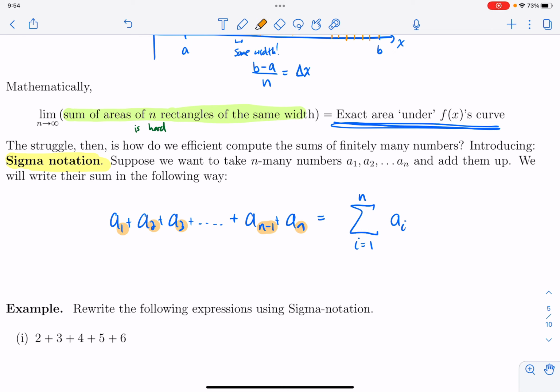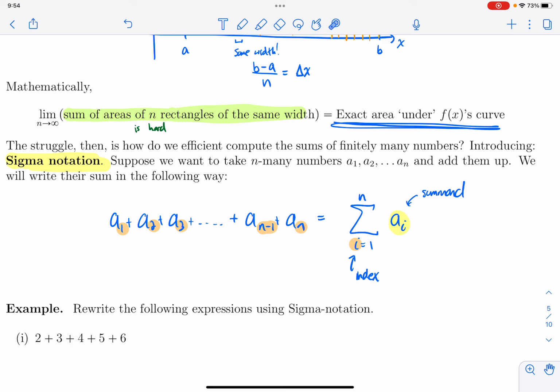So this i is referred to as an index. This a sub i is referred to as a summand, very similar to an integrand that we talked about earlier.